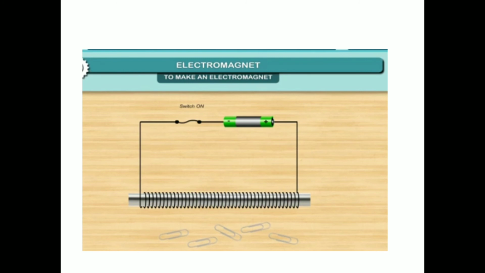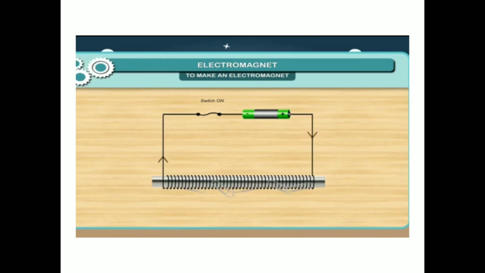In this diagram you can see, when the switch is on, the electric current is passing through it, and when iron nails or iron pins are kept near the coil or near the iron rod, they quickly get attached to the iron rod. You can see the iron pins coming close and getting attracted to the iron coil. So this is how electromagnetism works.